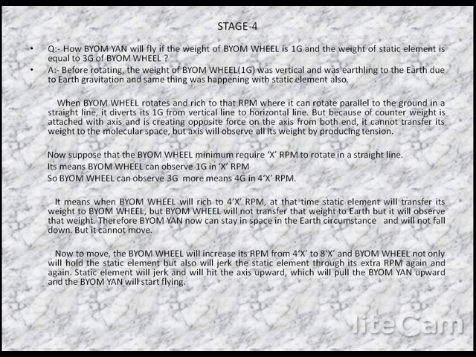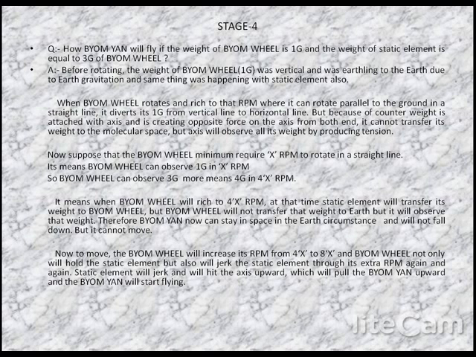But because the counterweight is attached with the axis and is creating opposite force on the axis from both ends, it cannot transfer its weight to the molecular space, but the axis will absorb all its weight by producing tension.